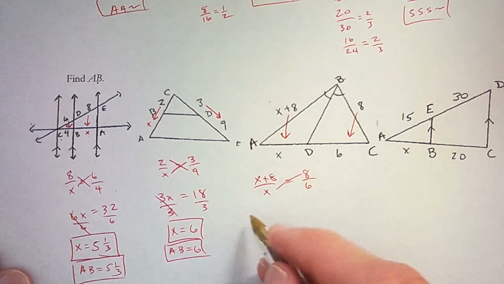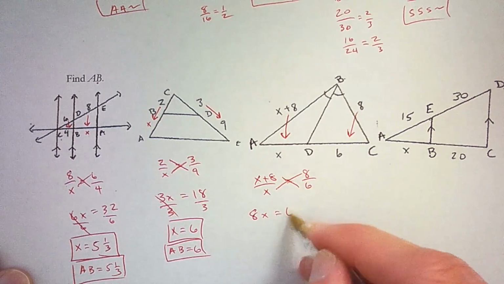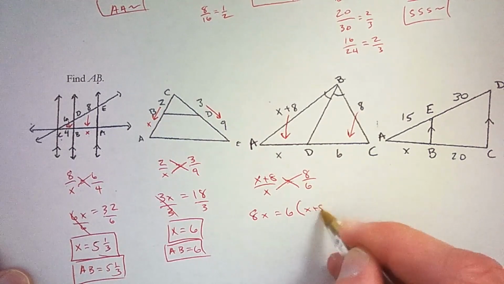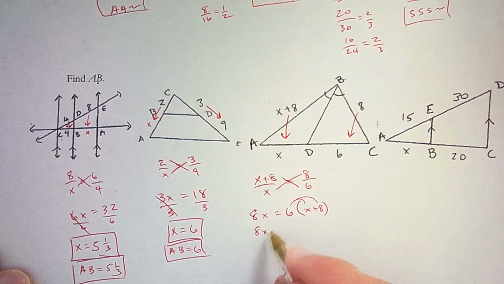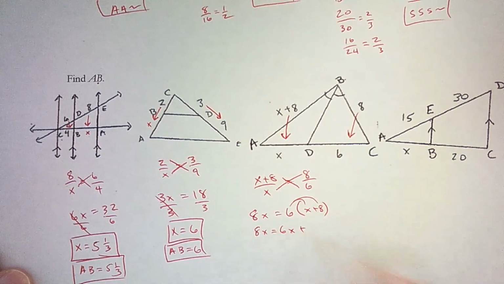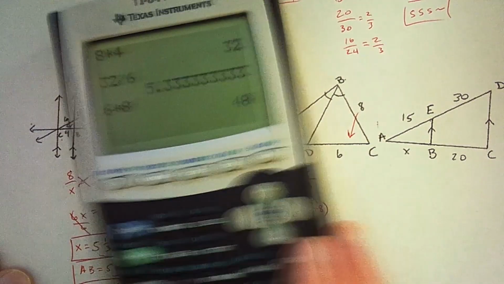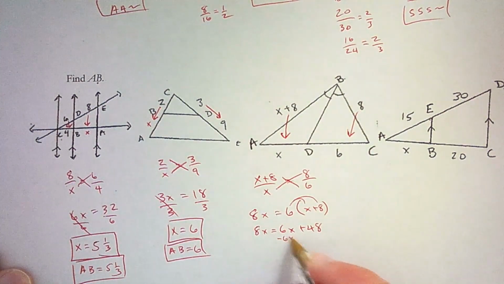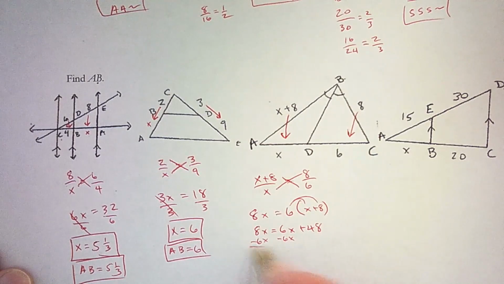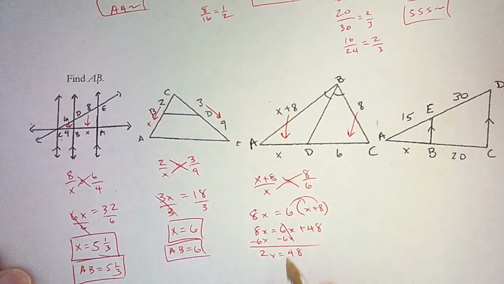Okay, now here I've got 8 times x and 6 times x plus 8. And I'm going to have to distribute. 8x equals 6x plus, let's see, 6 times 8 is 48. And let's subtract 6x from both sides of the equation and get 2x equals 48.